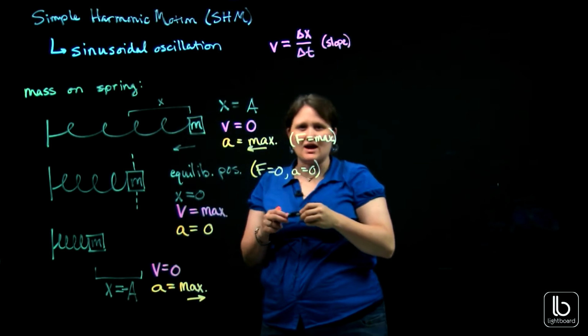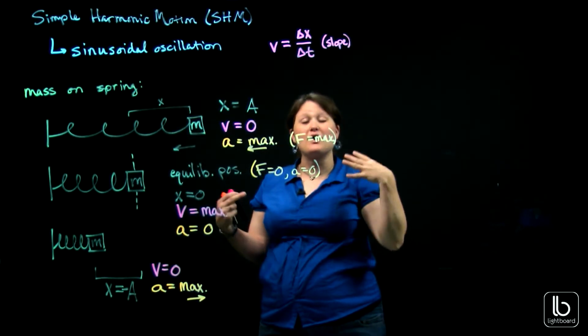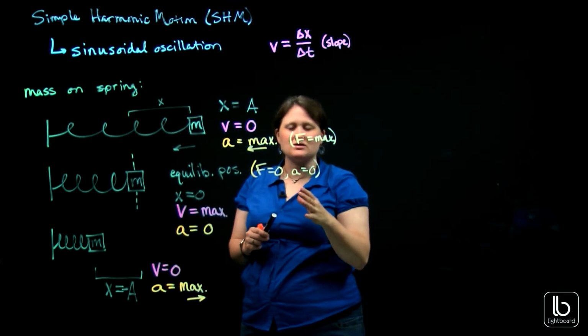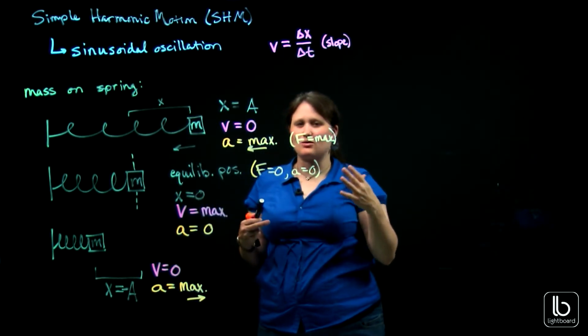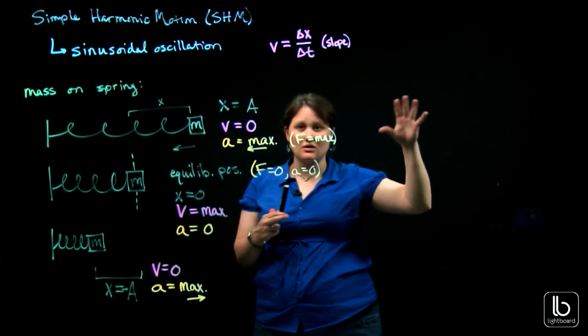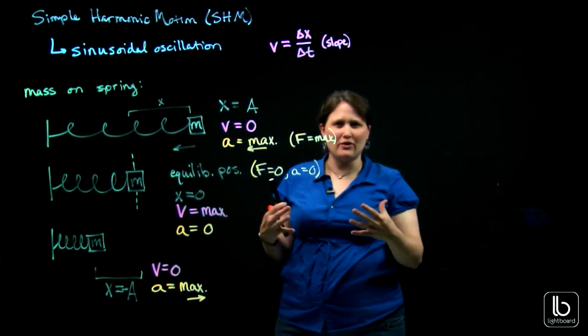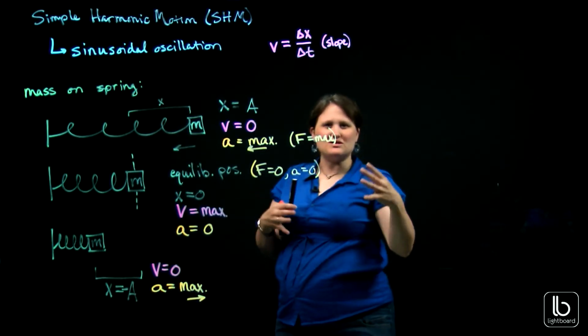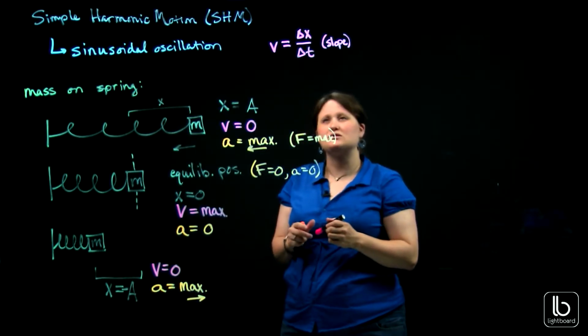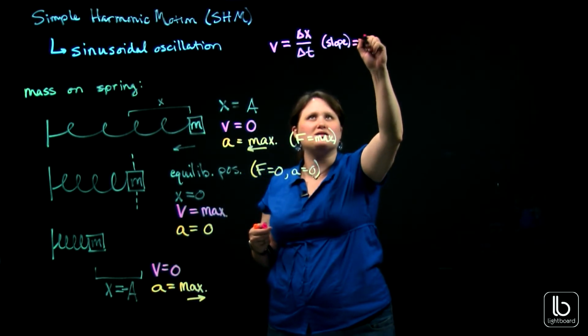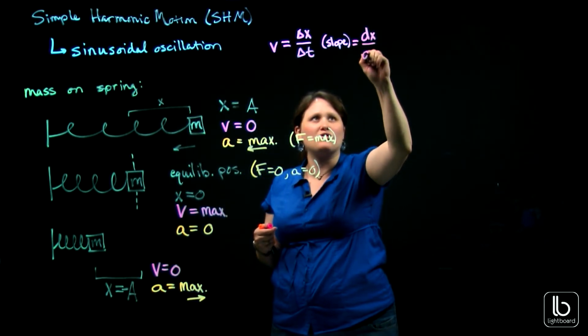And I know calculus is not required for this course, but if you've had calculus, there's actually a really pretty explanation for simple harmonic motion. And I want you to see that I'm not just pulling this out of the air. I want you to see where this comes from. So effectively what we're looking at is the derivative of x with respect to time.